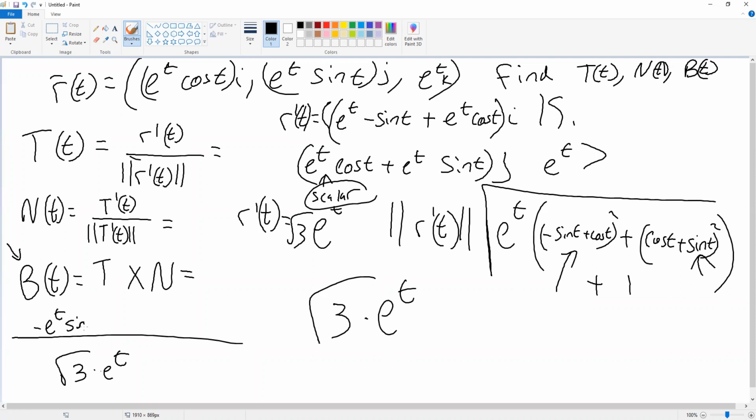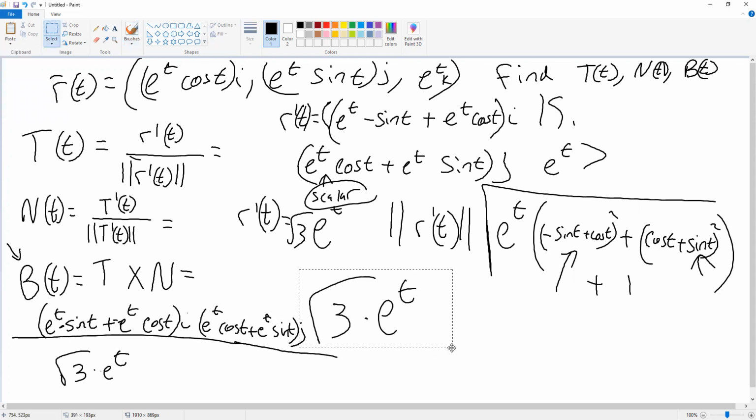So minus e to the t sine of t, plus e to the t cosine of t, so it'll be e to the t cosine t plus e to the t sine of t j, and then e to the t.